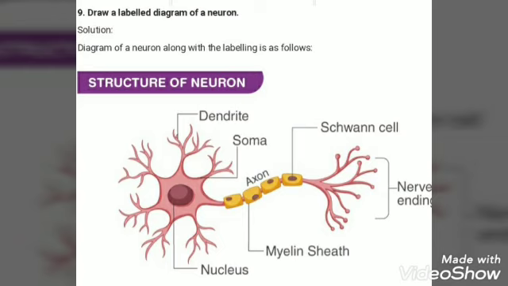These structures are called dendrites, and one of the branches grows very large. This branch is known as the axon, which ends at the axon ending or the nerve ending. The diagram is displayed in front of you.